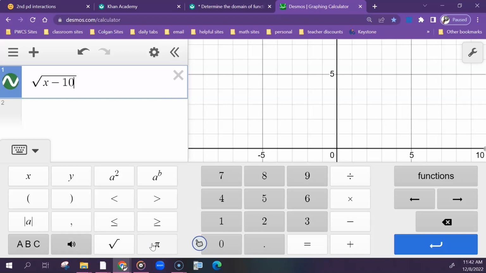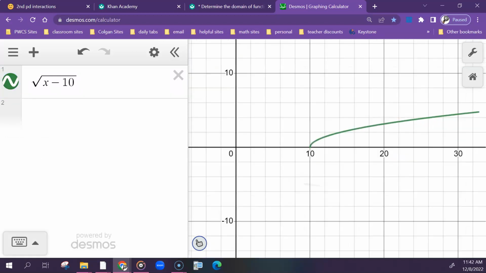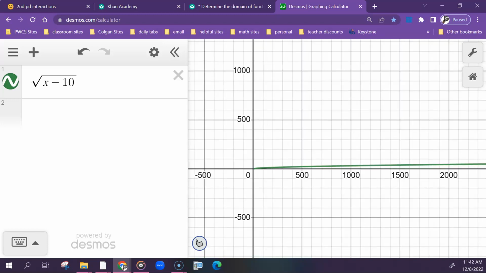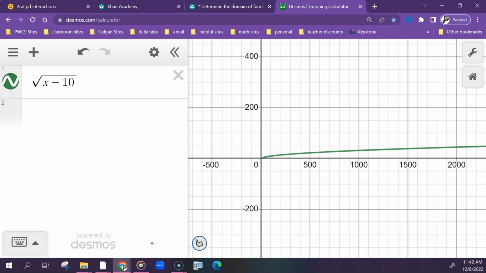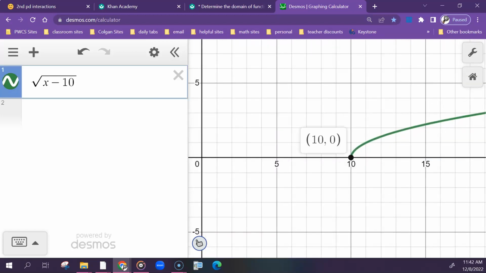There we go. So again, zoom out, see if it ends. These are getting big, so it's going to keep going to the right. Find where it starts. It starts at 10, it keeps going to the right of that.